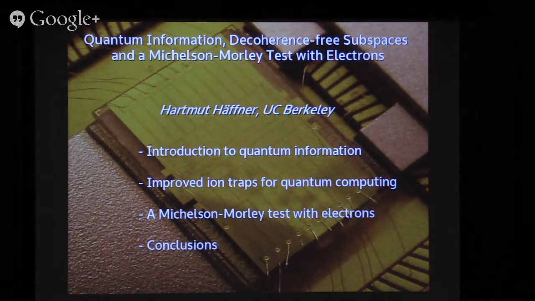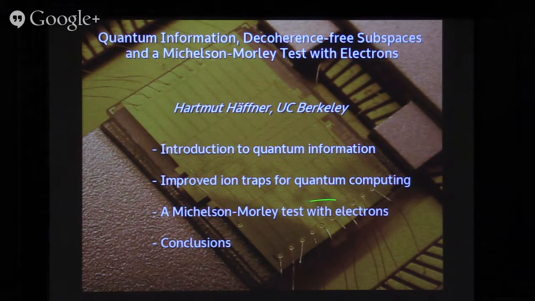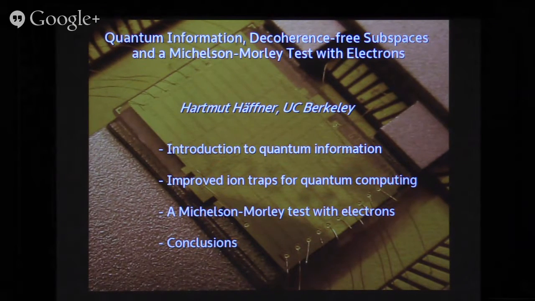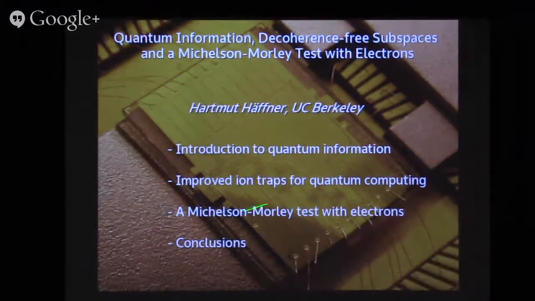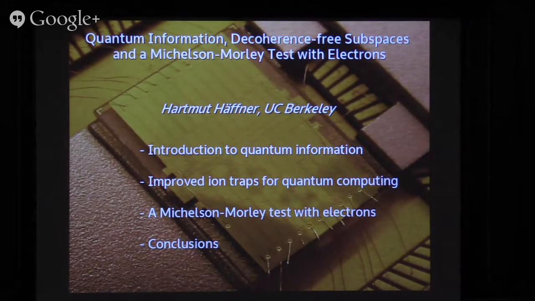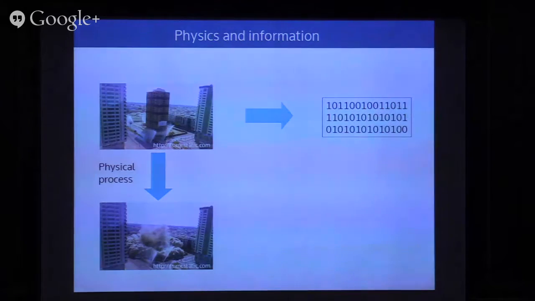I start very fundamental, and then we'll go on more into how we want to do quantum information processing with ions. One of the hurdles in doing so I will discuss here, and that is improving ion traps in order to perform quantum computing. And then I will talk about the application of the tools we've developed here, a Michelson Morley test with electrons. So, quantum information.